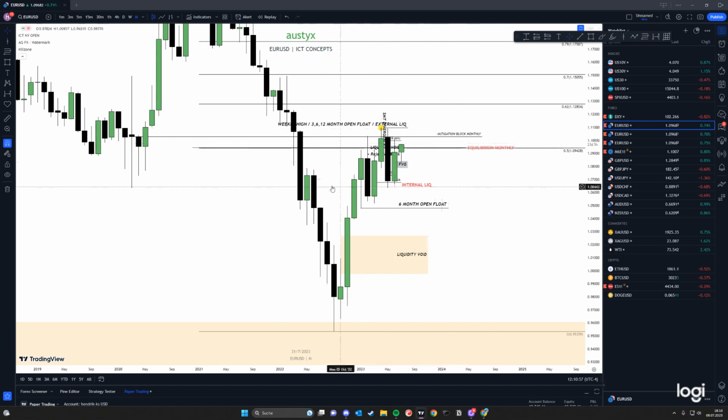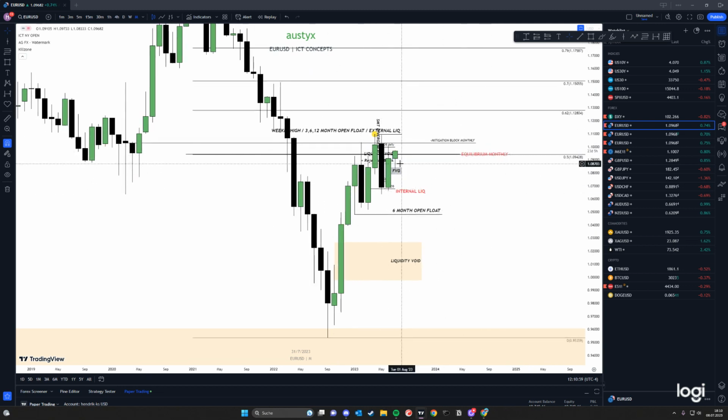I would have wanted to see price go down further for this to have an impact, right? So there was no real impact by this mitigation block on a monthly time frame.